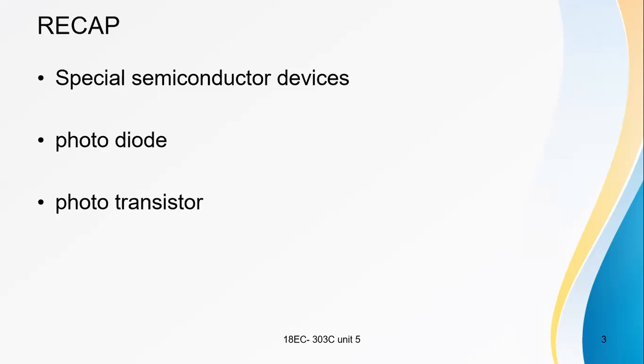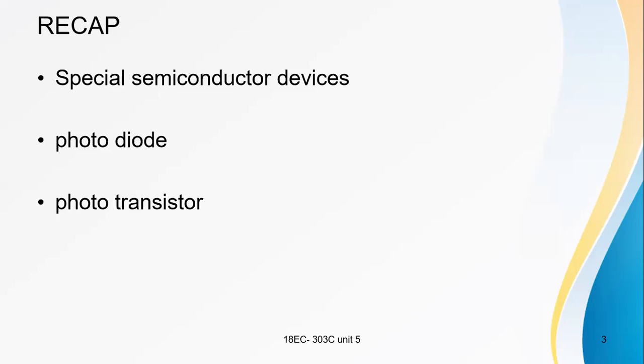With this, the capacitance decreases, and the relation between the capacitance and the width of the depletion region is inversely proportional. So, with the applied reverse voltage, the capacitance is varied. That is about the varactor diode, also called a variable capacitor. The capacitance can be varied. Generally, these are used in place of mechanical variation of the capacitances.